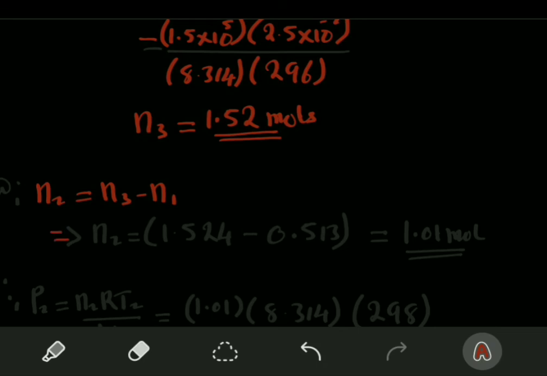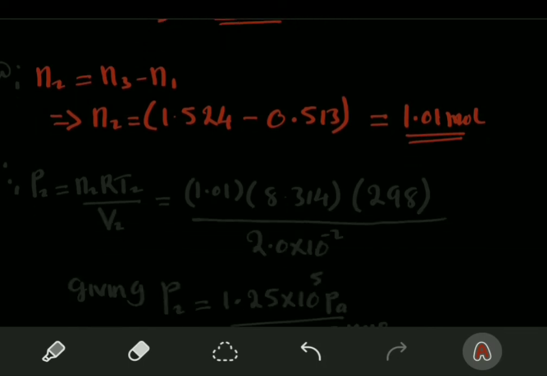So we have that N2 equals 1.524 minus 0.513, giving us the value of N2 as 1.01 moles. Now that we know the value of N2, we can go back and find the pressure of the gas in the second container, the value of P2. Therefore we have P2 equals N2 R T2 over V2.